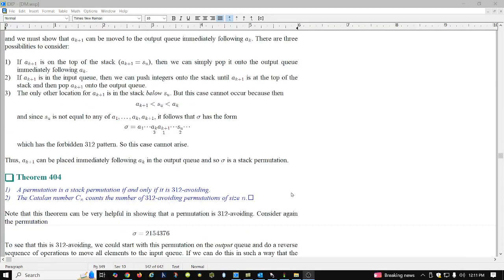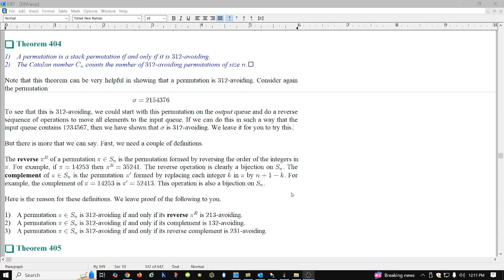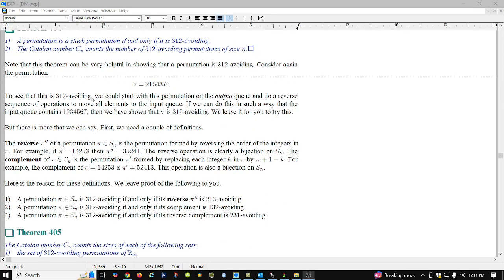Now we're almost done, but not quite. What about other 3-digit patterns? Well, we can make some good progress, but we need a couple more definitions.